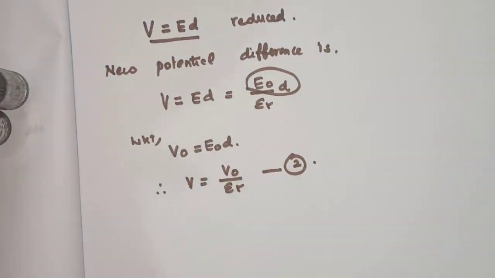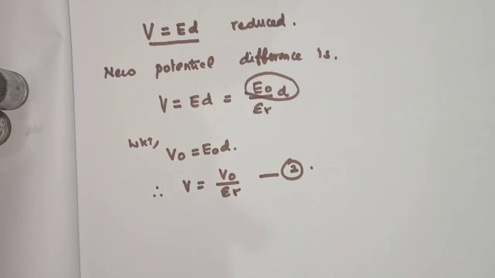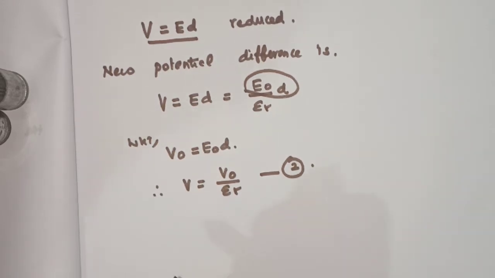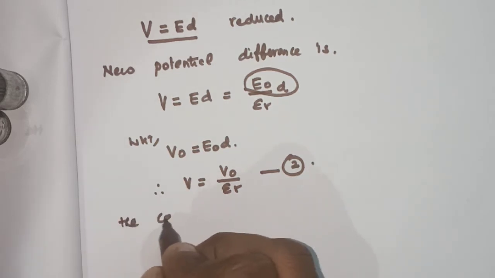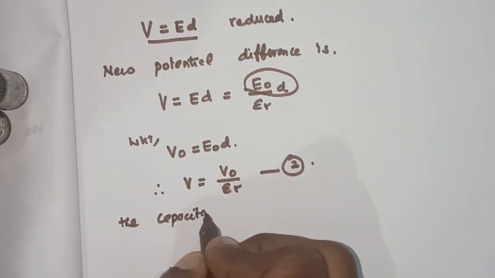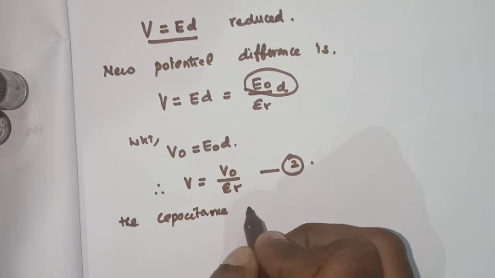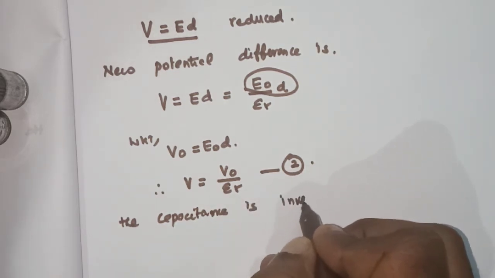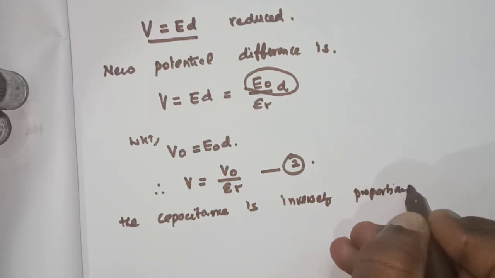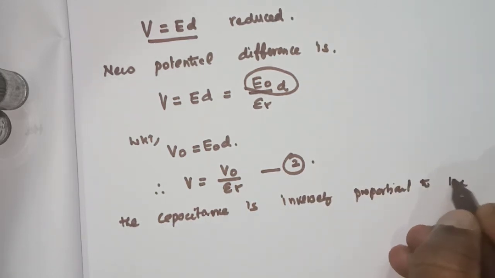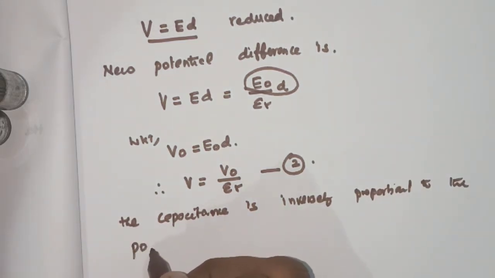Here the capacitance is inversely proportional to potential difference. We already know the relation. The capacitance is inversely proportional to the potential difference.